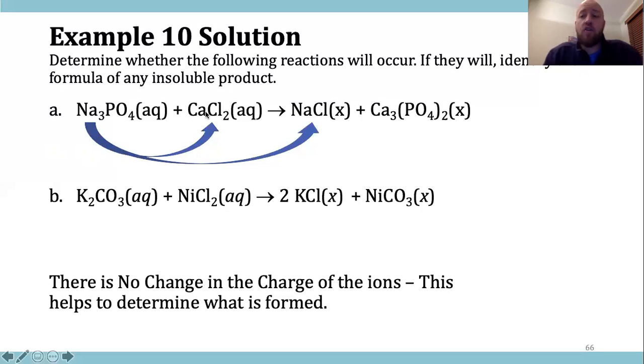Nothing is going to change charge, okay? That's an important statement. Nothing is going to change charge as you do this. The calcium is always going to be +2 because that's what its oxidation state always was. But if we look down here at the nickel, nickel in this case is +2.